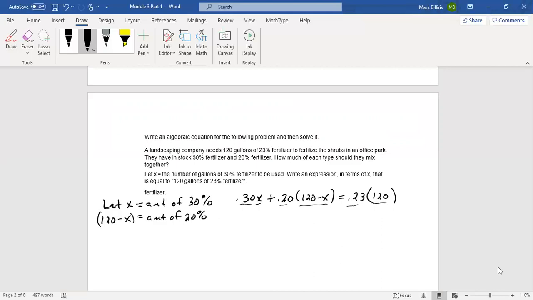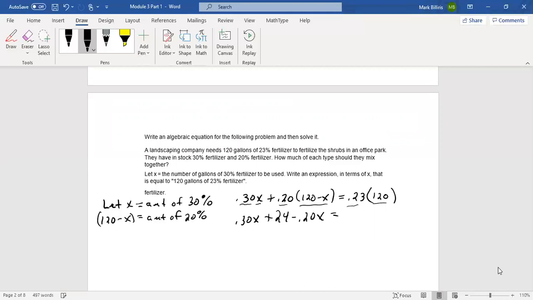So now we're going to use the distributive property again. So we have 0.30x plus. So now again, we're going to multiply the 0.20 times the 120 and the 0.20 times the minus x.